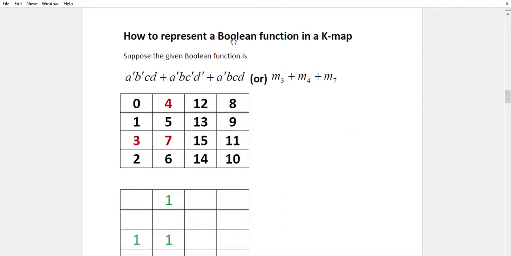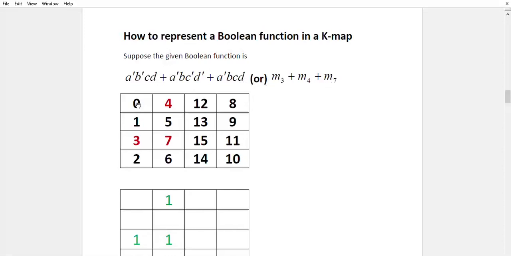And how to represent a Boolean function in a K-map? Suppose these are the three terms in the given Boolean function. This is nothing but 3, 4, 7. That is 0, 0, 1, 1, that is 3. 0, 1, 0, 0, that is 4. 0, 1, 1, 1, that is 7.